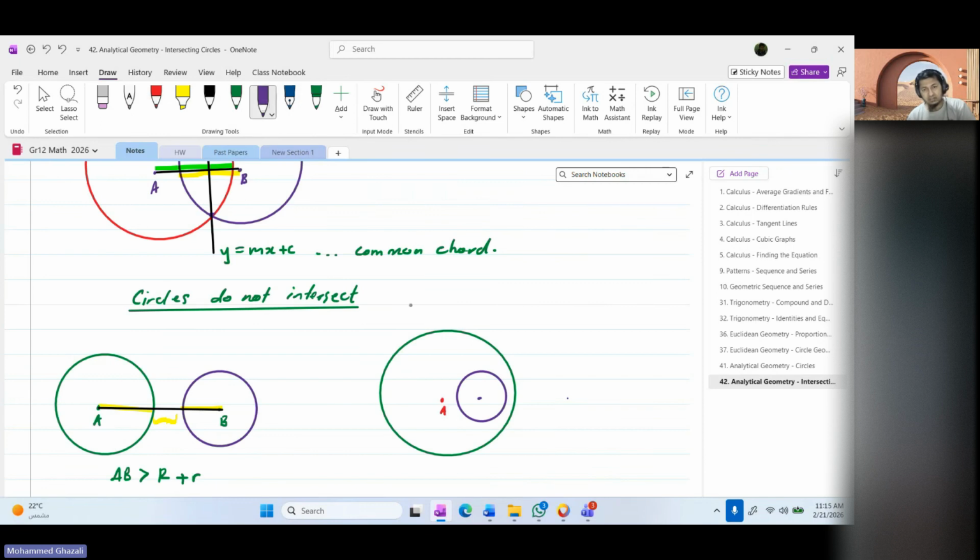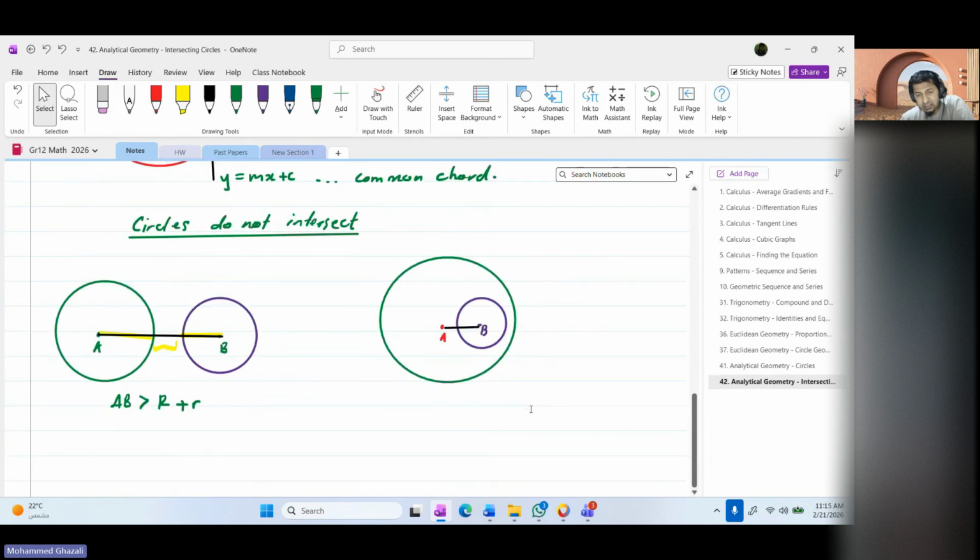And this is center B. And the distance between the centers is basically this. So we say AB. So now in this case, we just say AB is less than R minus R.